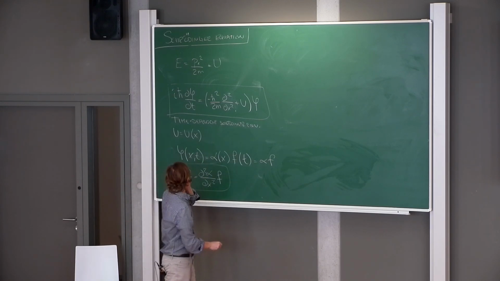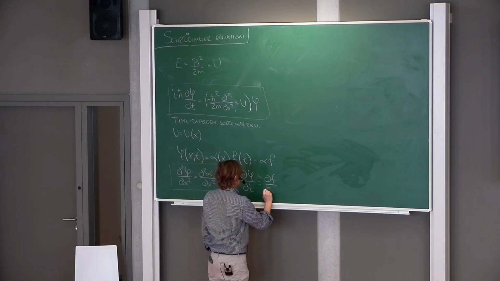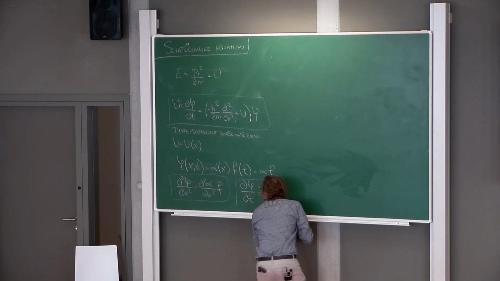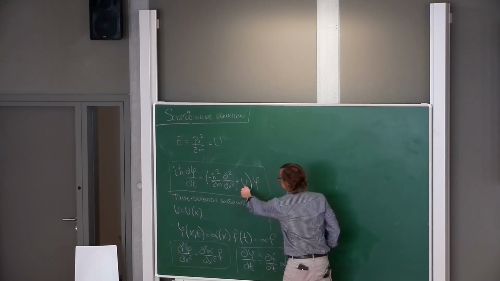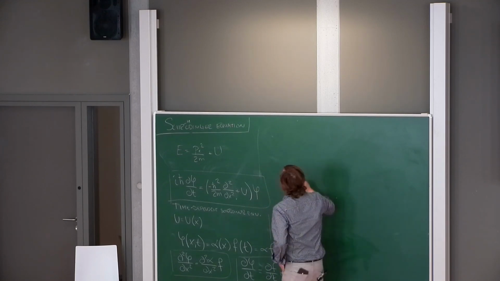Similarly, we can do it in time. The dphi/dt, right? So that's just going to be the df/dt alpha. Okay. Let's insert that there to see where we're at.